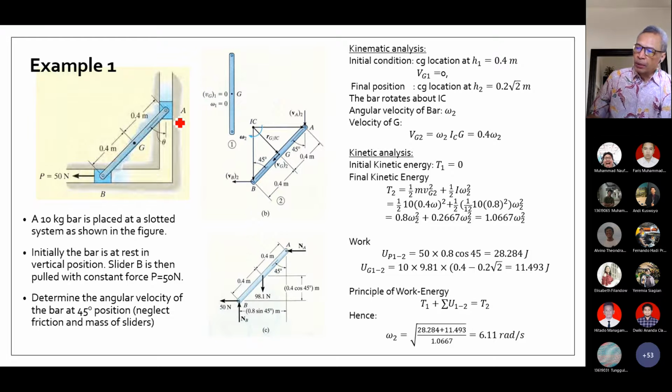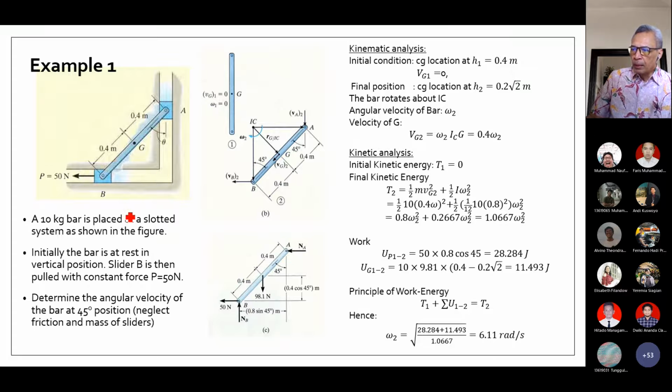So this is a rigid bar AB, with a center of mass in the middle, G, and this bar is placed in a slotted system like this, such that point A can move only in the vertical direction along this vertical slot, and point B can move only in the horizontal direction along this slot.